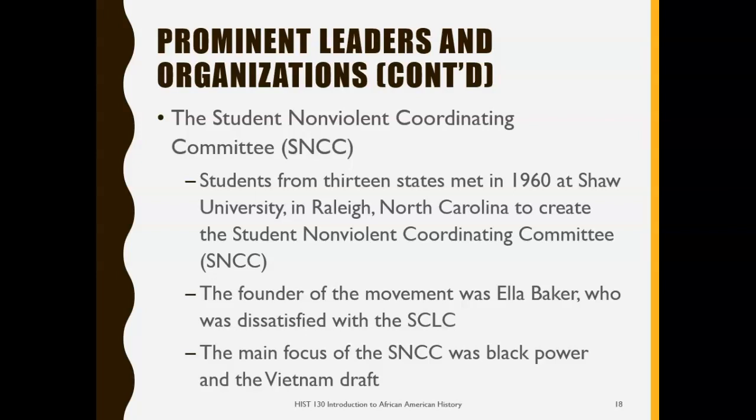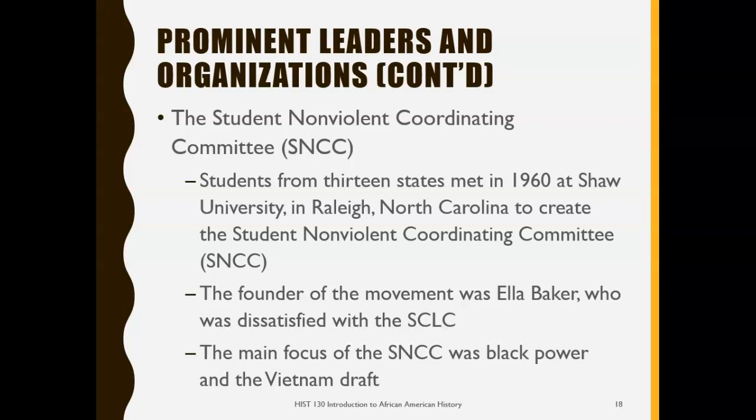So we already mentioned earlier the SCLC, the Southern Christian Leadership Council, but another organization that is worth mentioning was the Student Nonviolent Coordinating Committee, SNCC or SNCC. So this organization was created by students, black students from 13 states who met in 1960 at Shaw University in Raleigh, North Carolina. And the founder, the leader of the organization at that time was Ella Baker.